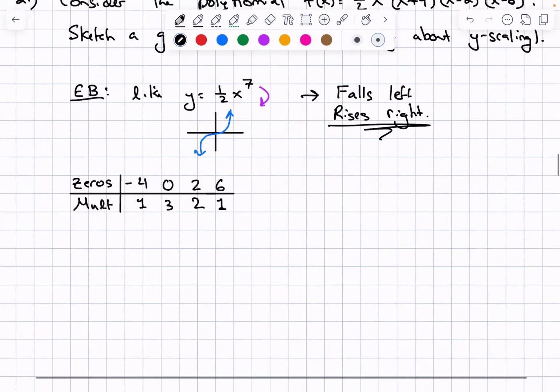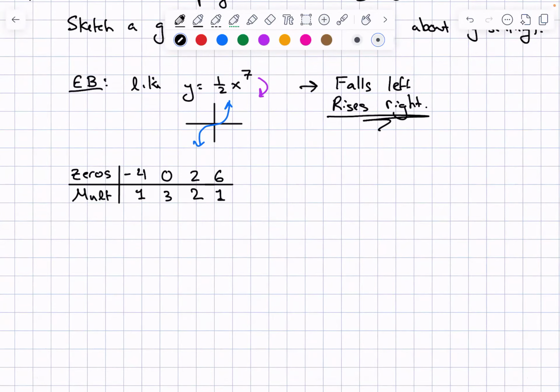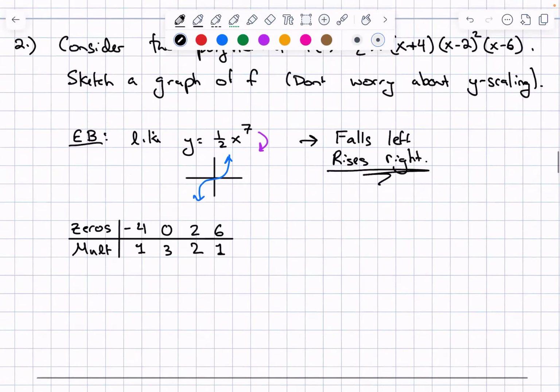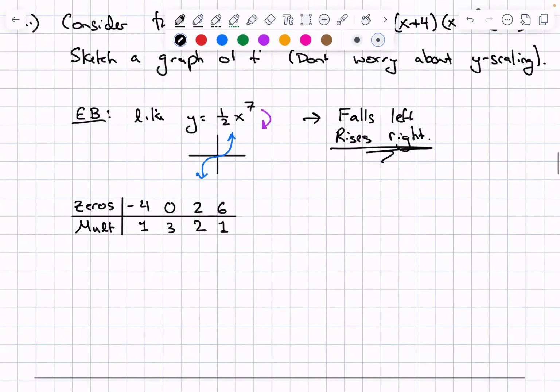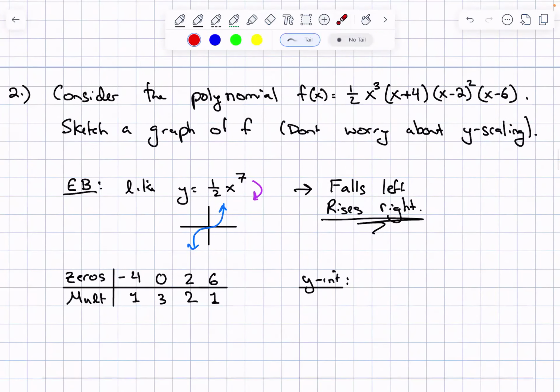Now that we have that, we have everything we technically need, though actually not technically everything we need. We also want to know its y-intercept. Now we already have that technically speaking because it has an x-intercept at 0. It has a root at 0, which is also known as an x-intercept. And if it has a root at 0, then that means that you have the point 0, 0, which is the only point that is both an x and y-intercept. But let's just make sure we are generalizable to any problem.